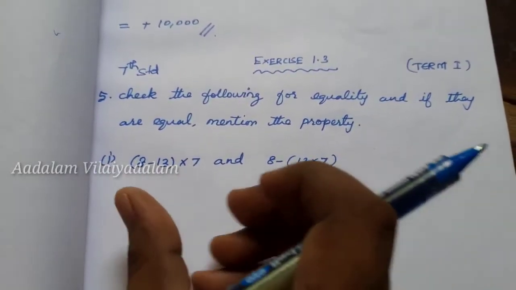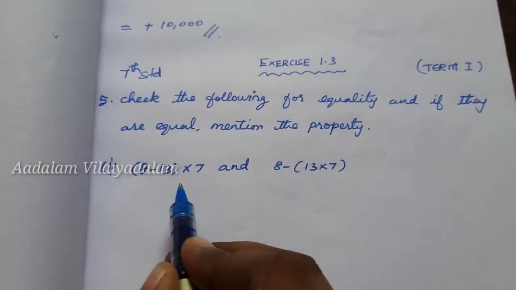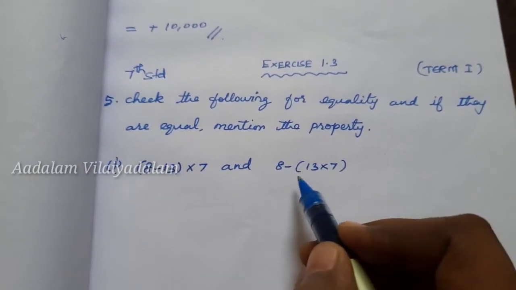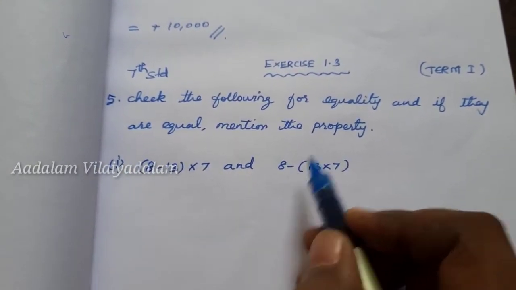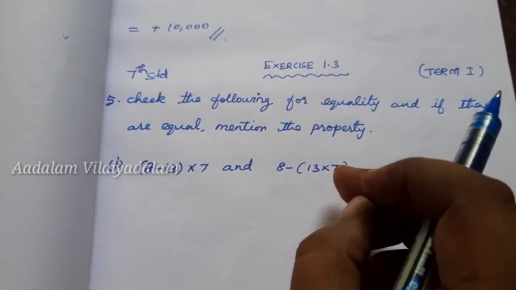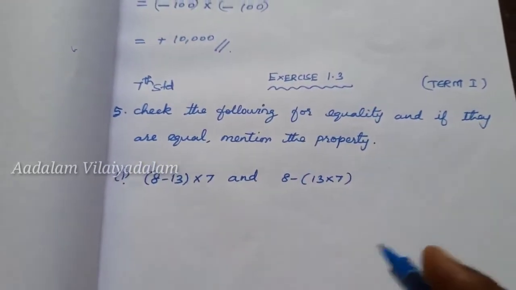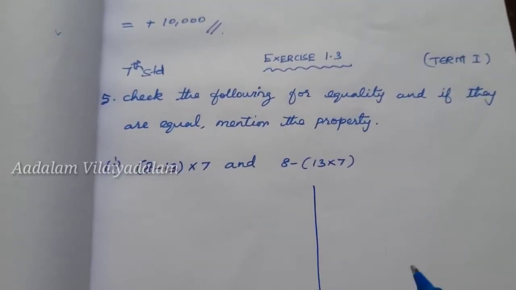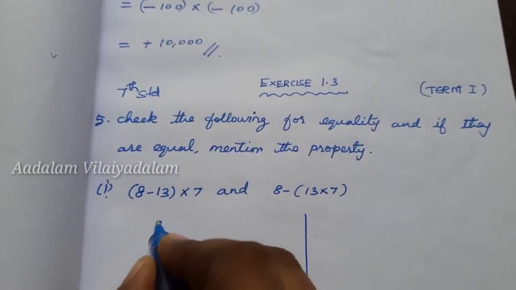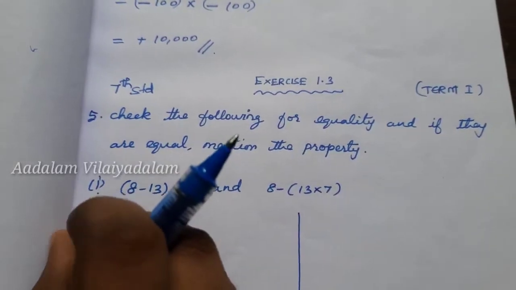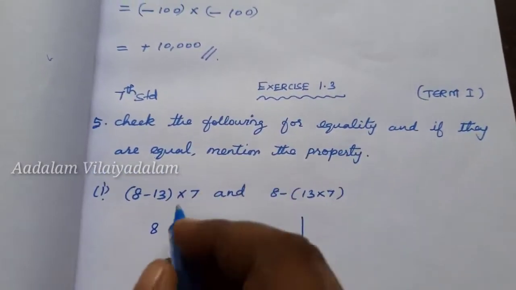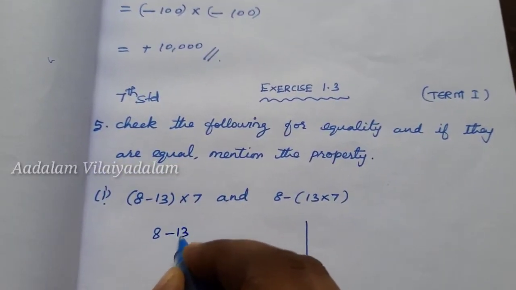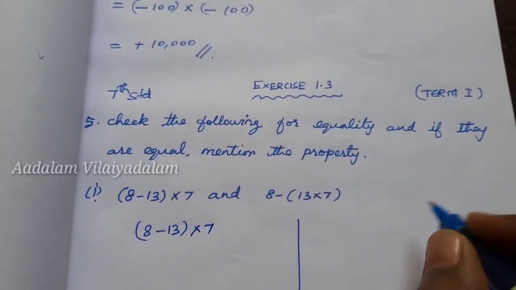What is given here? They have given 8 minus 13 into 7 and 8 minus, for the bracket they have applied, 13 into 7. So let us divide this into 2 parts. Take one part as the left hand side, take the other part as the right hand side. Then 8 minus 13 into 7.